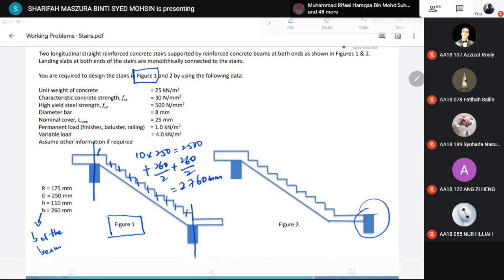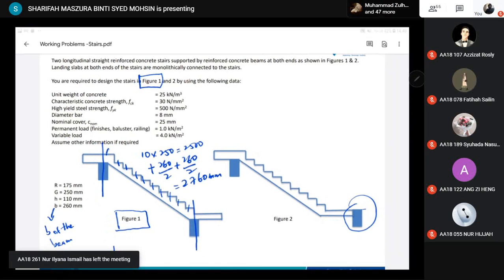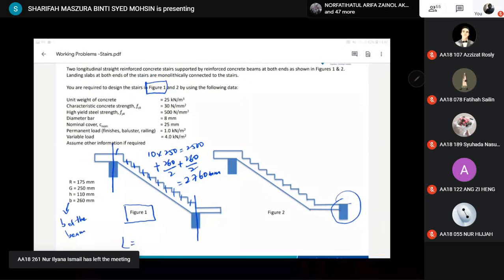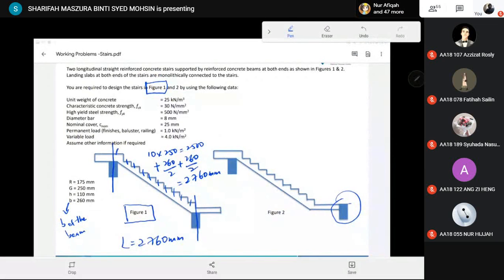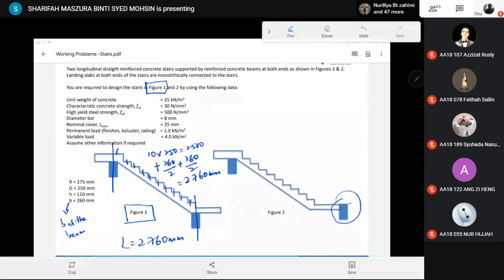So the span is equal to 2760 mm. Number of steps is 10, multiplied with the going, we get 2500 plus width of the beam divided by 2 on both sides, upper and lower flight.